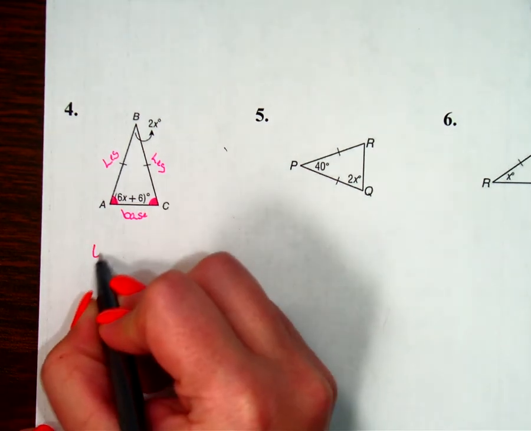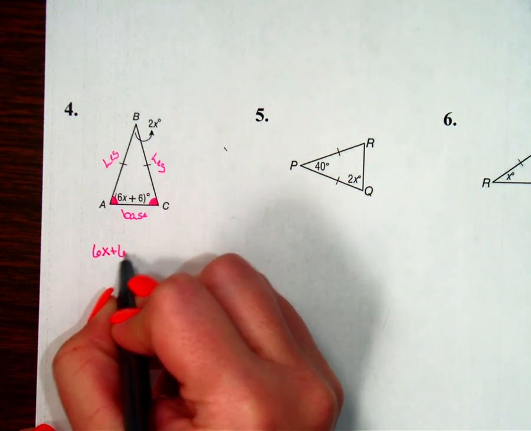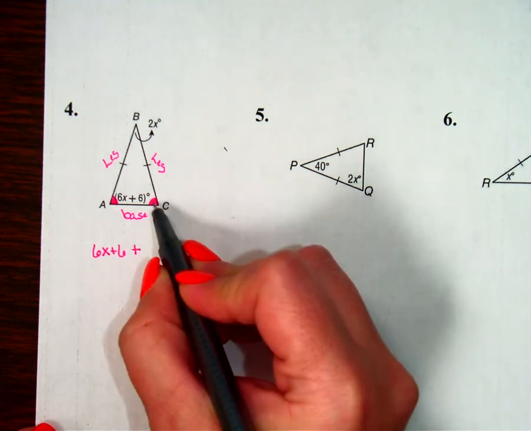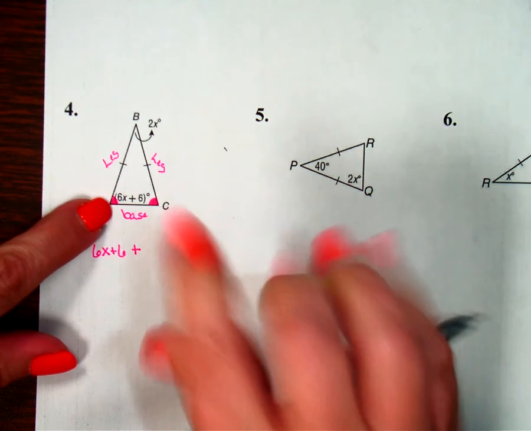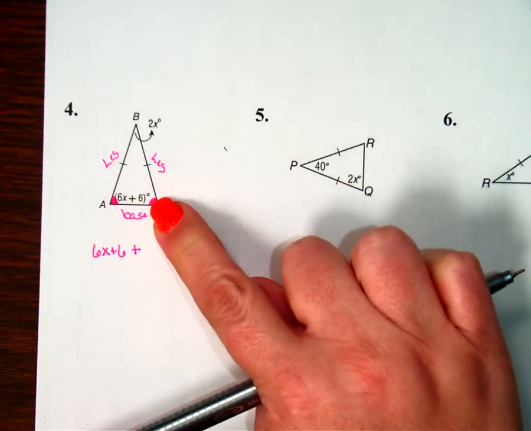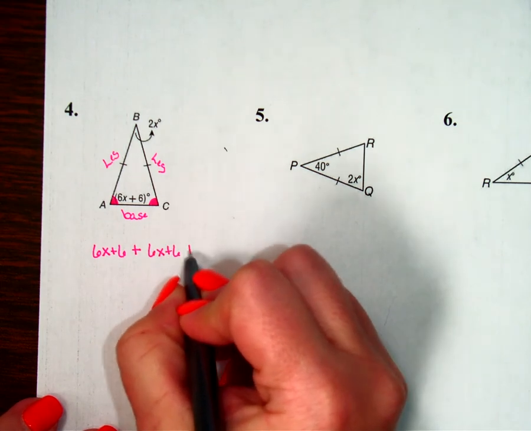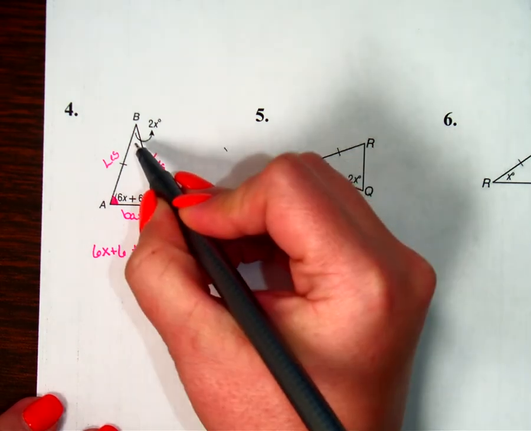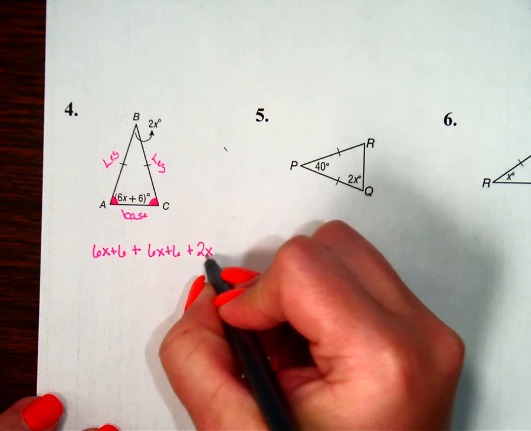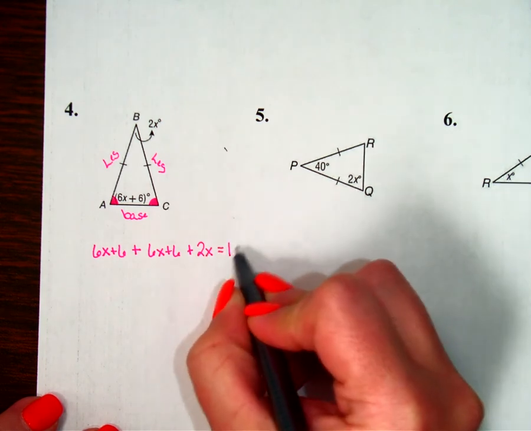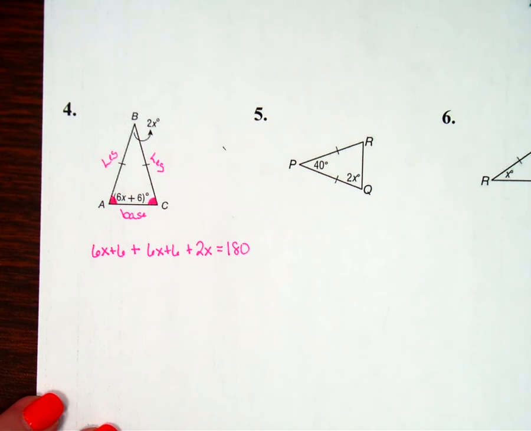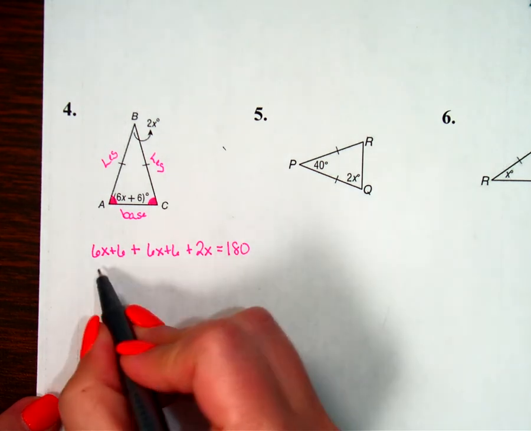So this angle is 6x plus 6, and the right side is the exact same thing, 6x plus 6, plus my top angle is 2x. I know all three of those together are going to make 180 degrees.